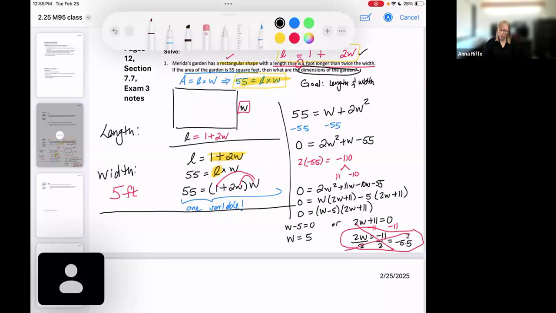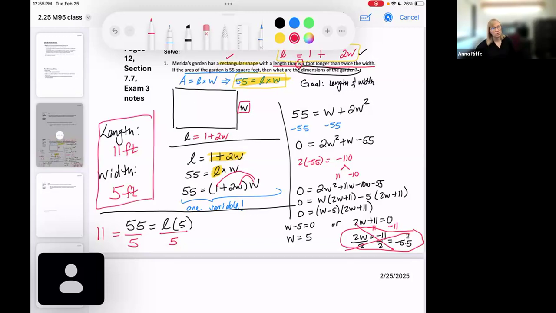I know that 55 is equal to the length times the width. Well, we just found that the width is 5. So to solve for the length, I'm now going to divide both sides by 5. And I get that the length is 11 feet. Okay, any questions on that one?